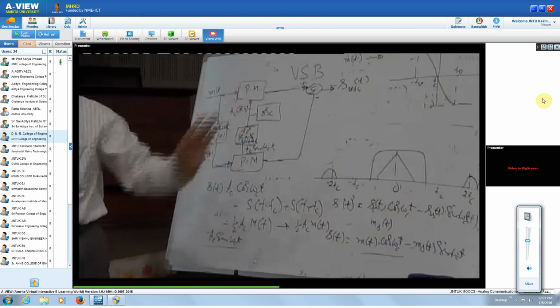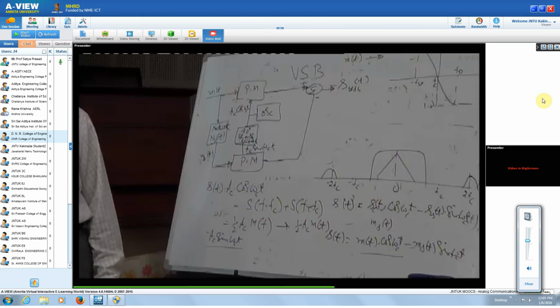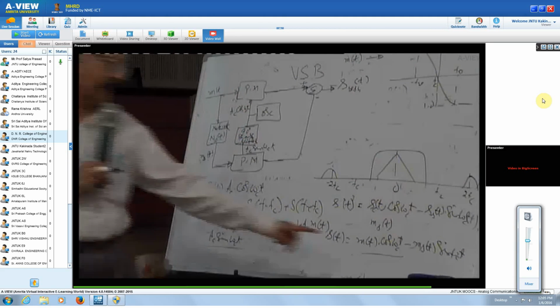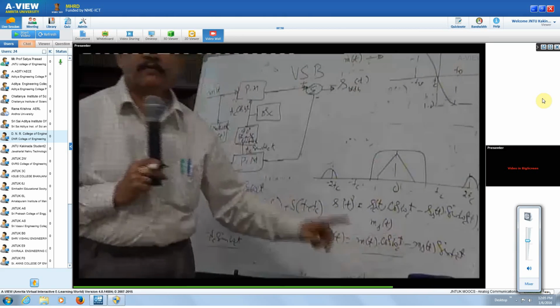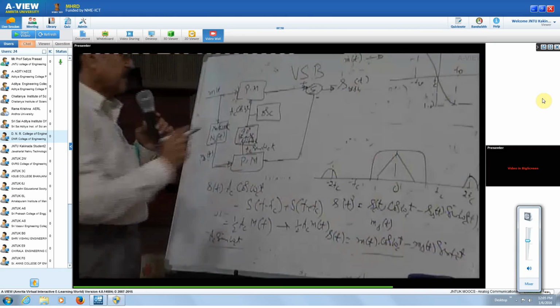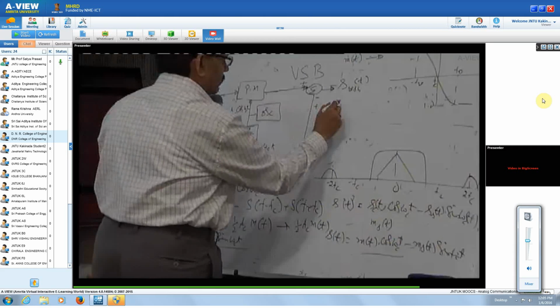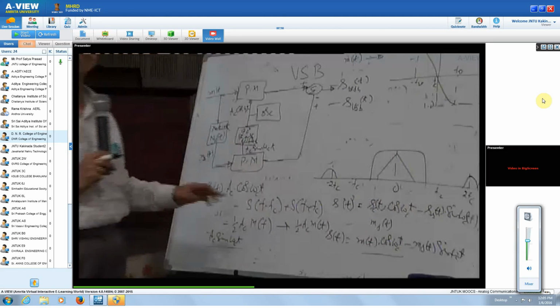And what is the sideband we are transmitting here? The upper sideband and a part of the lower sideband, because we are having a minus here. If we have a plus, then we are going to get the lower sideband.